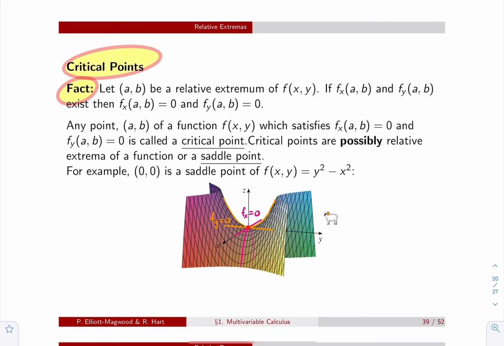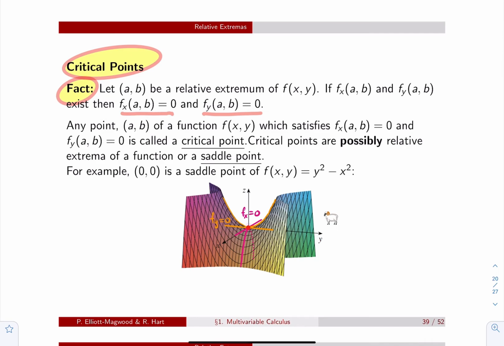If you are dealing with a local min or local max, so in general, when we're bundling the two, we're calling those relative extremums, and the function f_x and f_y are nice in the sense that they exist and they're typically continuous, then their values are going to be equal to zero. So if you have a local min or local max for an equation where the partial derivatives are nice, you're going to get those relative extremums.